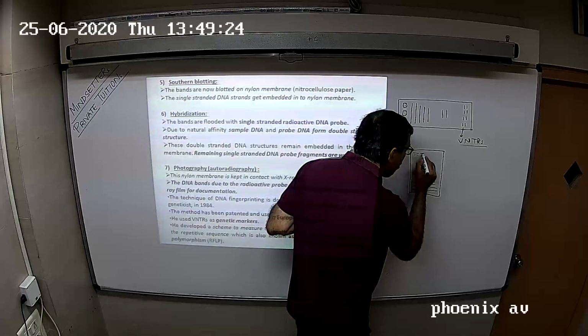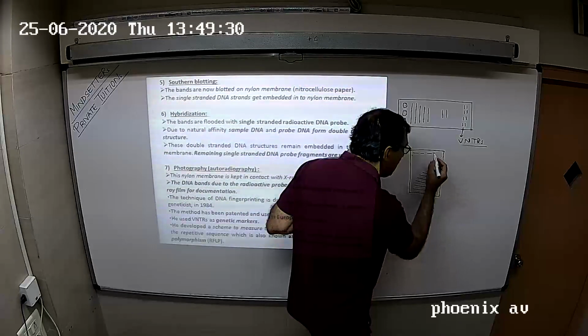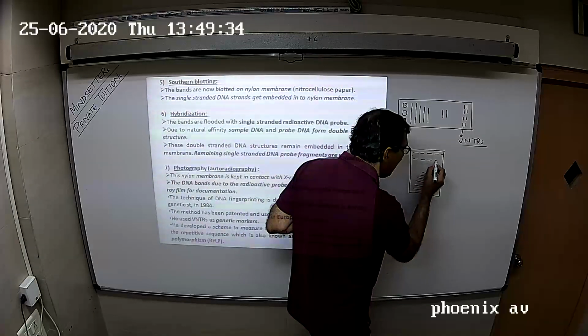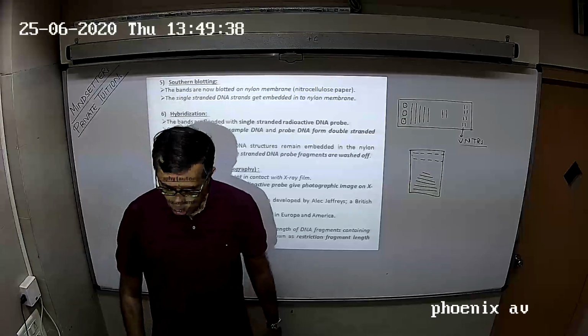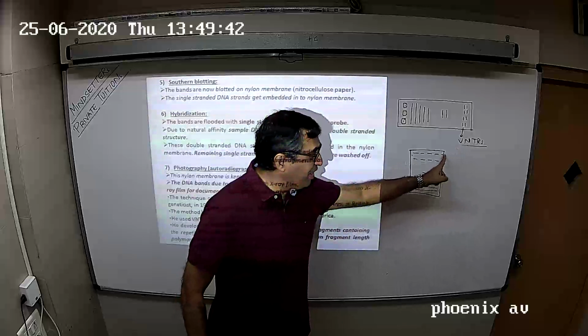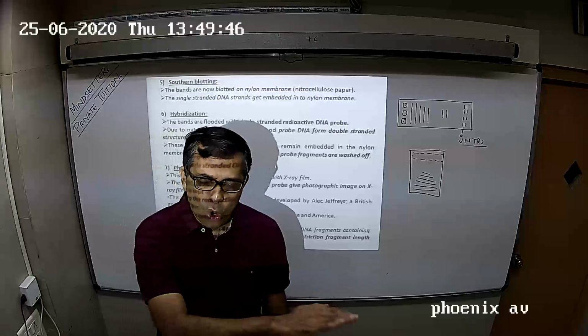And सबसे ऊपर कौन से fragments है? सबसे ऊपर we have fragments which are the VNTRs. तो सबसे ऊपर कौन से fragments है? VNTR, variable number of tandem repeats के fragments है. तो VNTR के fragments हमको यहाँ पर मिल जाते हैं. ये VNTR के fragments सबसे ऊपर है. This is called southern blotting.